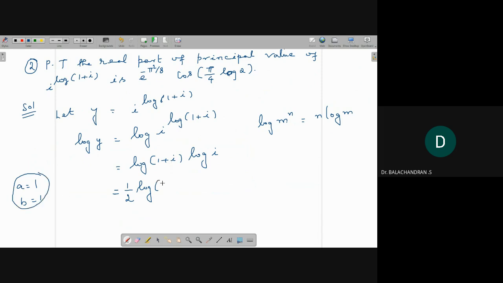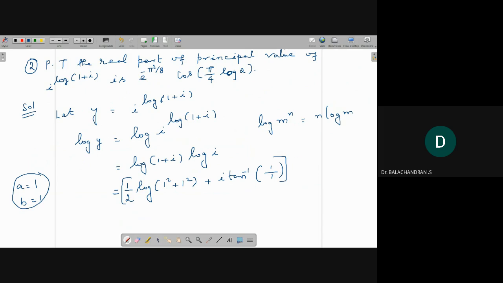So half log of a square plus b square, that is 1 square plus 1 square, plus i tan inverse of b by a. b is 1, a is 1. So this is log of 1 plus i.